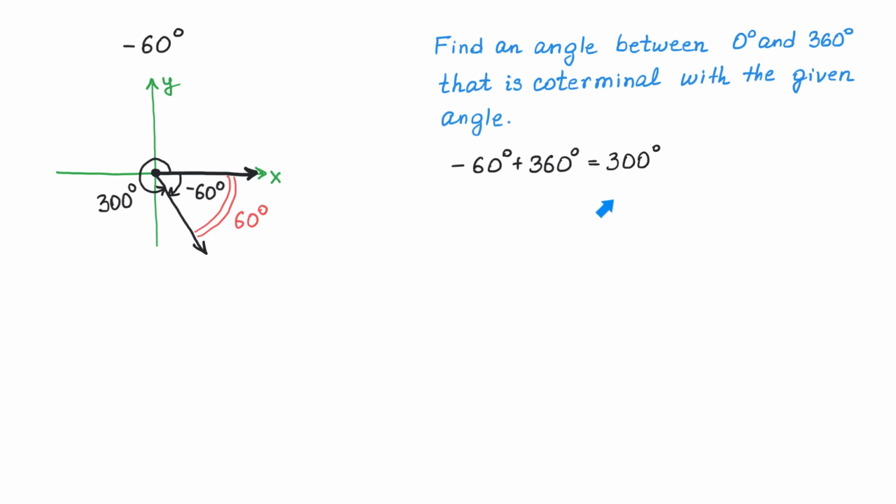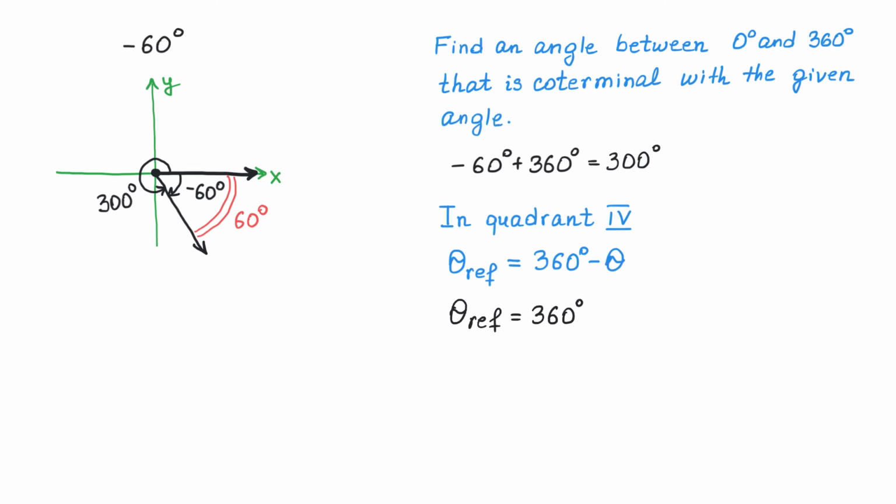The terminal side of this angle is located in quadrant 4. And in quadrant 4, the reference angle is 360 degrees minus theta. Then, if we use 300 in place of theta, we will get the following. The reference angle equals 360 degrees minus 300 degrees, which makes 60 degrees. So then here we found the measure of the reference angle, and it is 60 degrees.